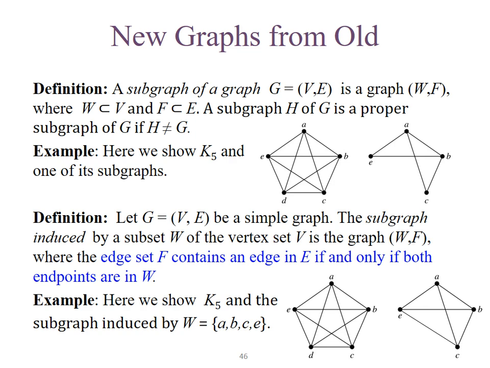Now you can arbitrarily select the vertices and the edges to form the subgraph. For example, you can choose vertices A, E, C, and you can choose the edges. And this will be one possible subgraph of K5.